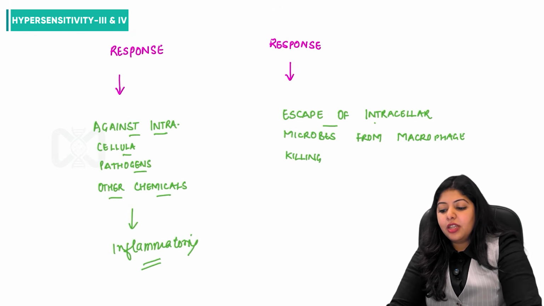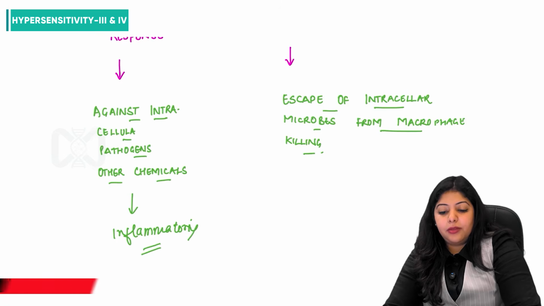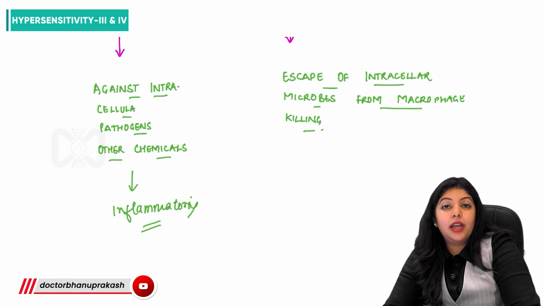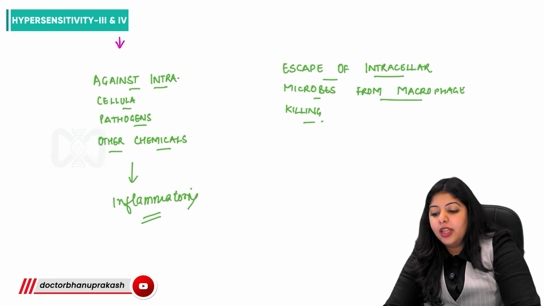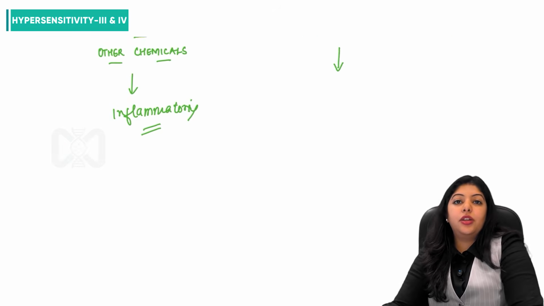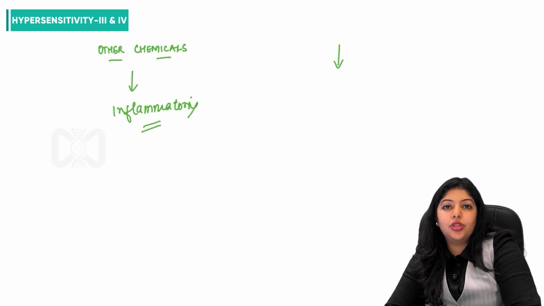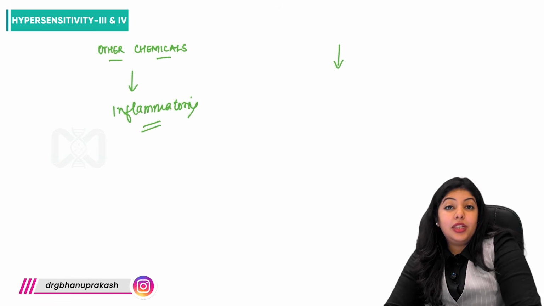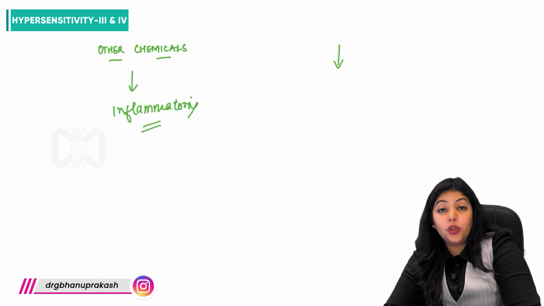And because these intracellular pathogens are large, at times they escape the macrophage killing or the phagocytic actions. They escape and they ultimately lead to larger granulomas, larger necrotic areas in particular sites, right?